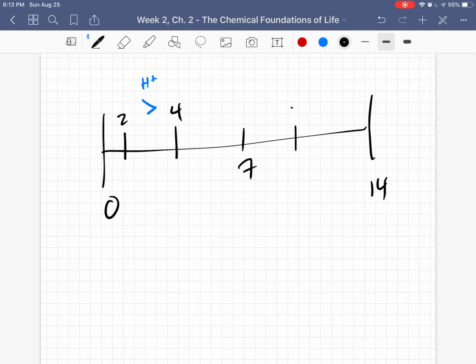If you look at something that is a pH of 8 or 9 and something that's a pH of 13, 9 will have greater hydroxide ions than 13.